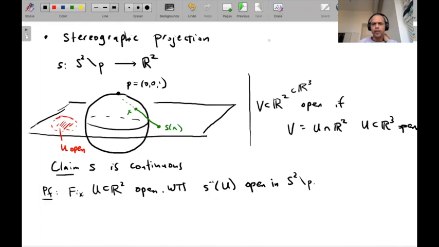Sorry, let me label this for later when you're just looking at this. This is like the subspace topology, which we discussed at the very end. I don't know that I called it the subspace topology.